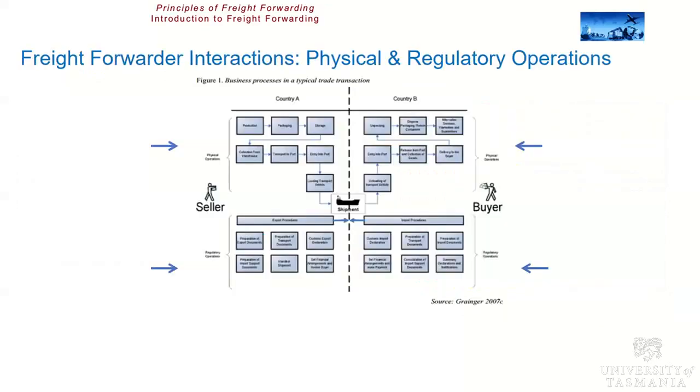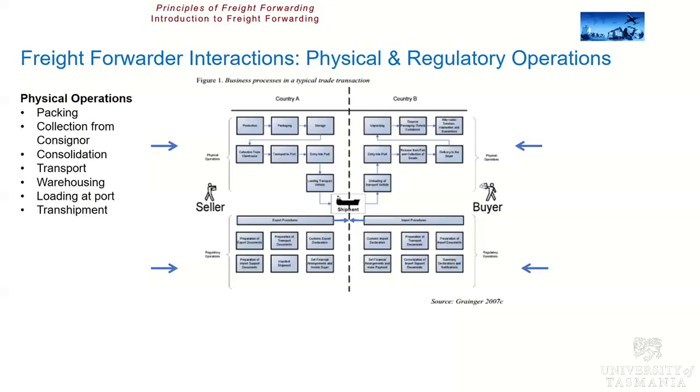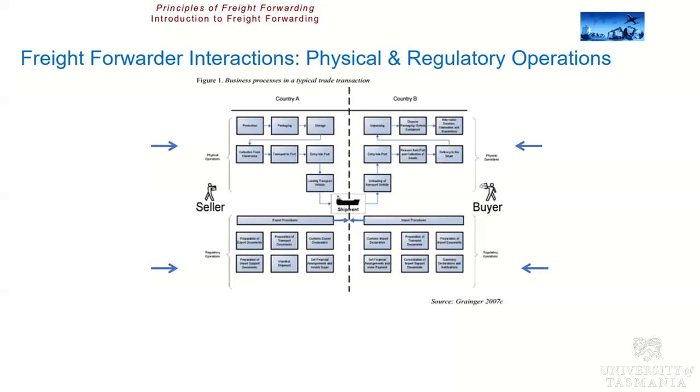Okay. So, in an effort to get a sense, once again, of the services and the interactions that the freight forwarding industry has, we can have a look at this particular scenario here. We've got the shipment here, and we've got country A, which is, let's say, Australia, and country B, let's say Vietnam.